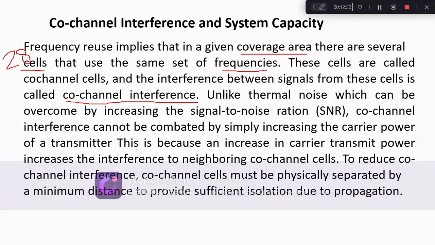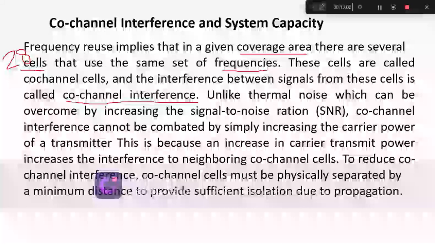The number of clusters increasing means that co-channel interference is there. Unlike thermal noise, which can be overcome by increasing the signal to noise ratio, co-channel interference cannot be combated by simply increasing the carrier power of the transmitter. This is because an increase in carrier transmit power increases the interference to neighboring co-channel cells.